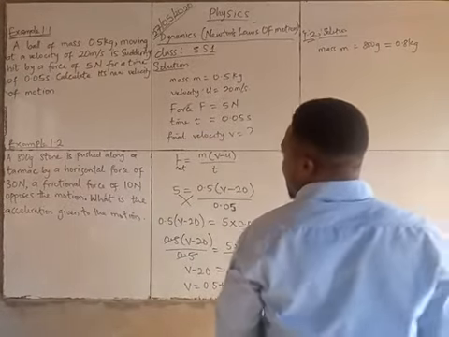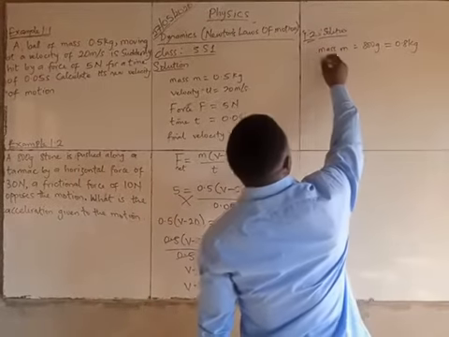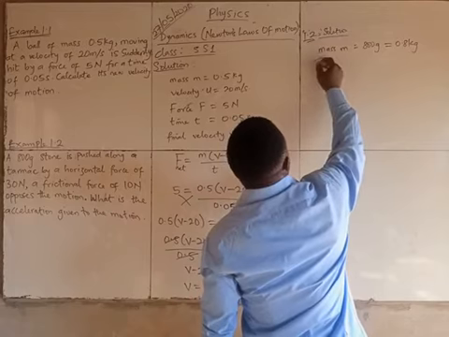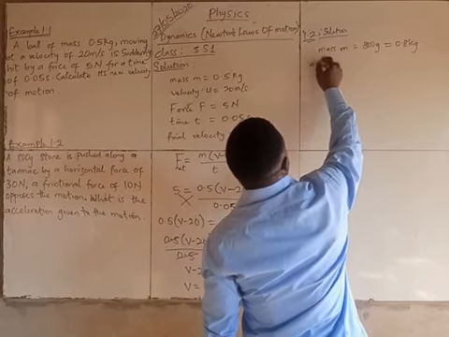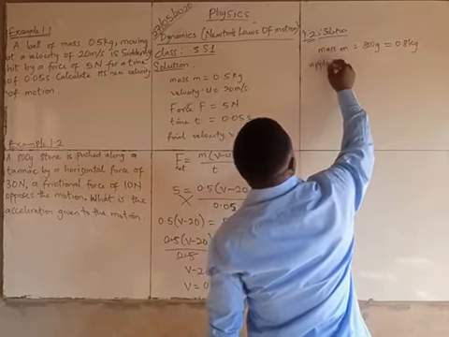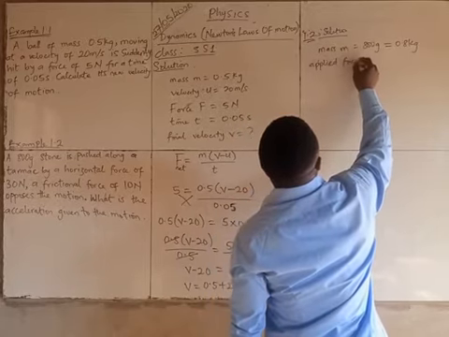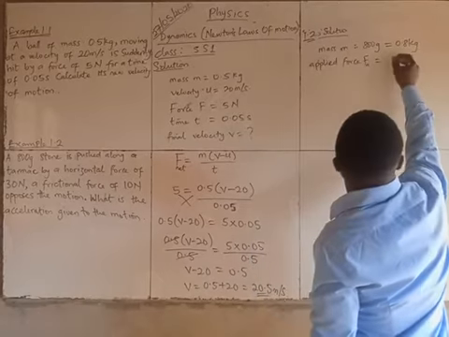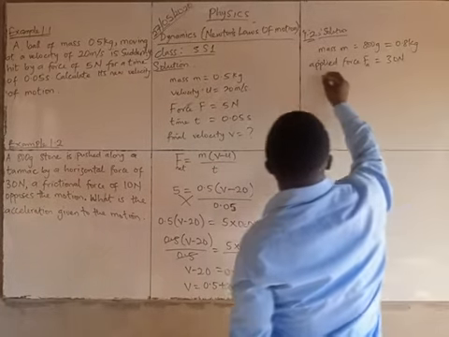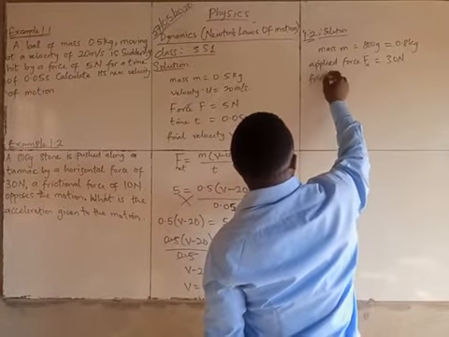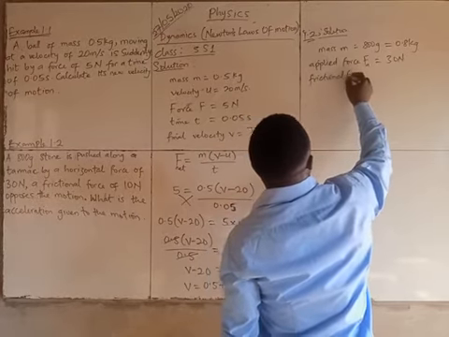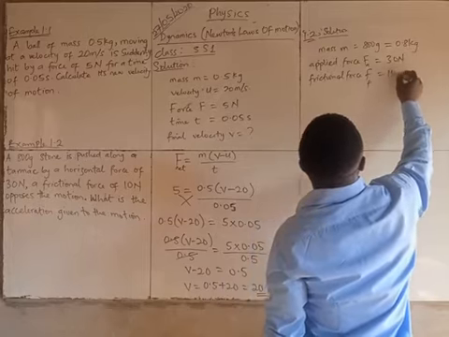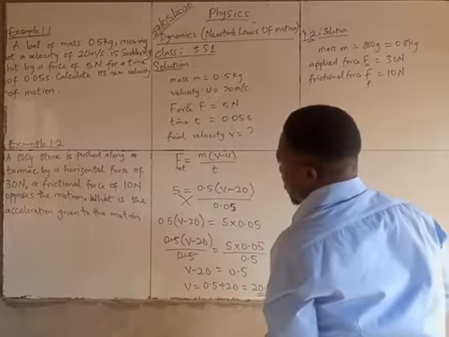After which we are given again the applied force, F applied, equals 30 Newton, and the frictional force of 10 Newton, they say it opposes this motion.